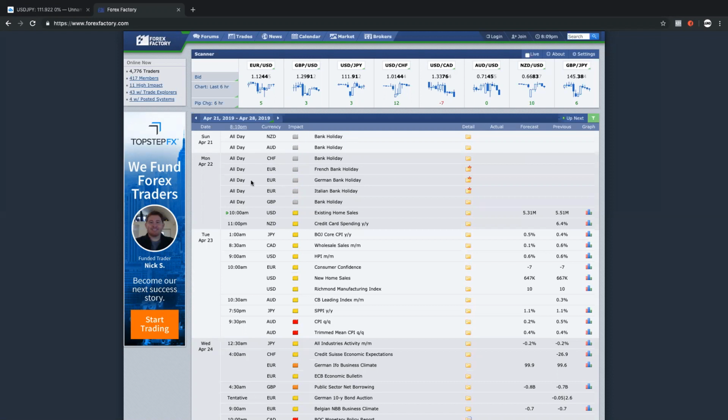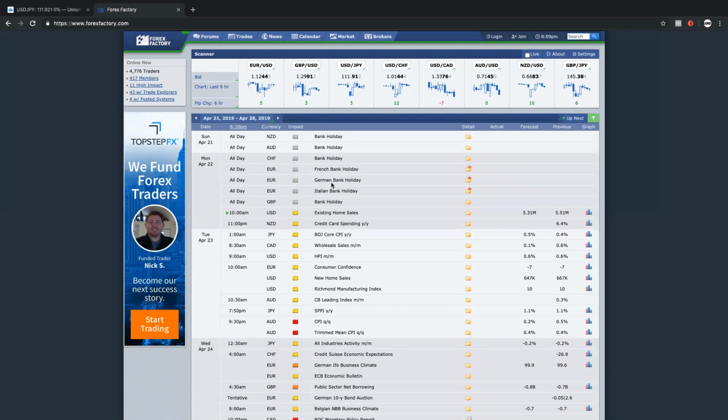So you're not going to have a lot of volume or movement like we usually see with these pairs. Whenever a holiday happens during the week or on a Sunday or during the weekend, you always want to come here to see what's going to happen the day the market opens. Is it going to be considered a holiday? Is it just business as usual?